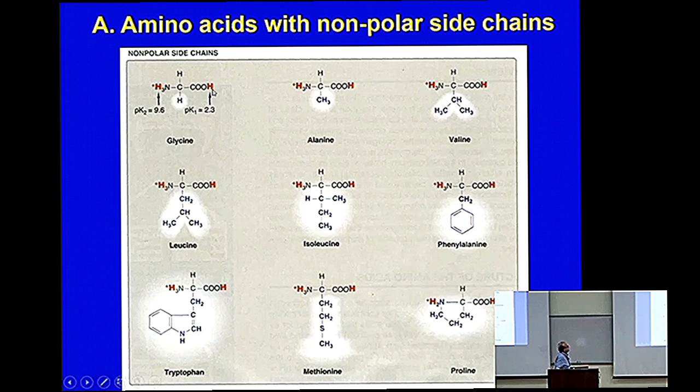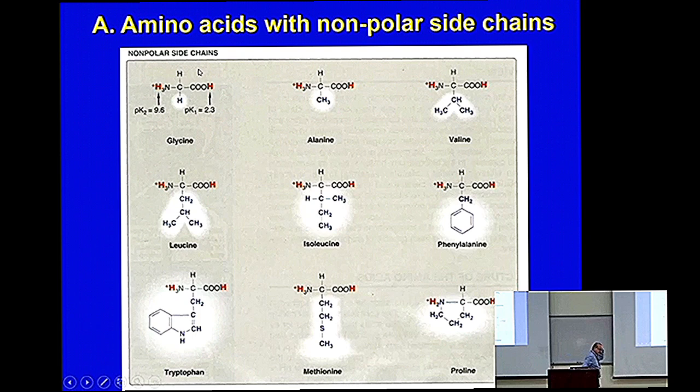Just understand what this means, that at a pH of 2.3, this proton will be half dissociated from the carboxylic group. And similarly for the other pK2. So don't memorize, but we'll explain that quite a bit later on, probably on Friday. So glycine is the simplest, has, again, amino group, carboxylic group. The R group is H and makes it the smallest amino acid.